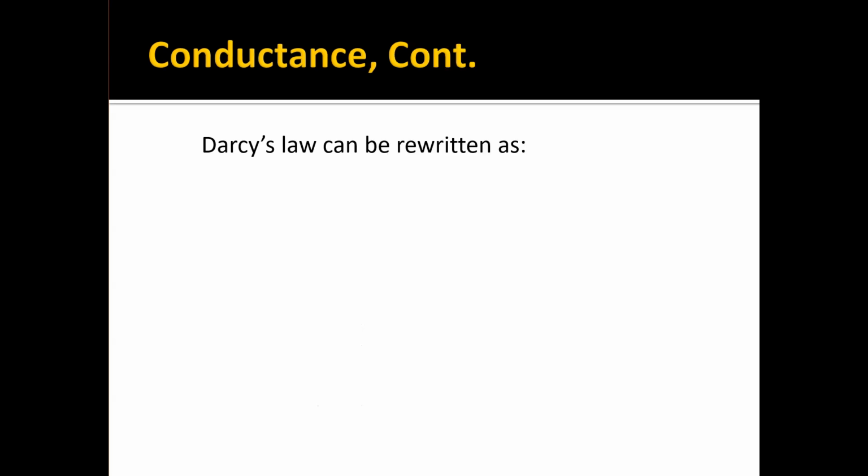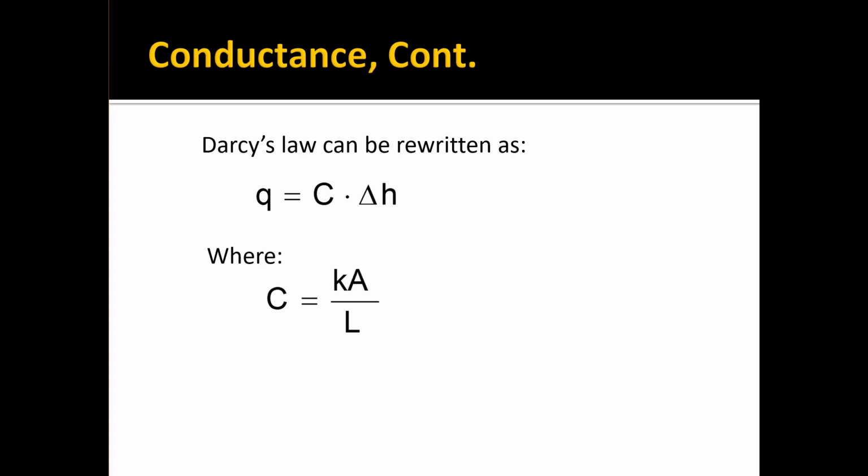It is possible to rewrite Darcy's law as Q is equal to C times delta H, where C is basically everything on the right-hand side except for delta H, KA over L.